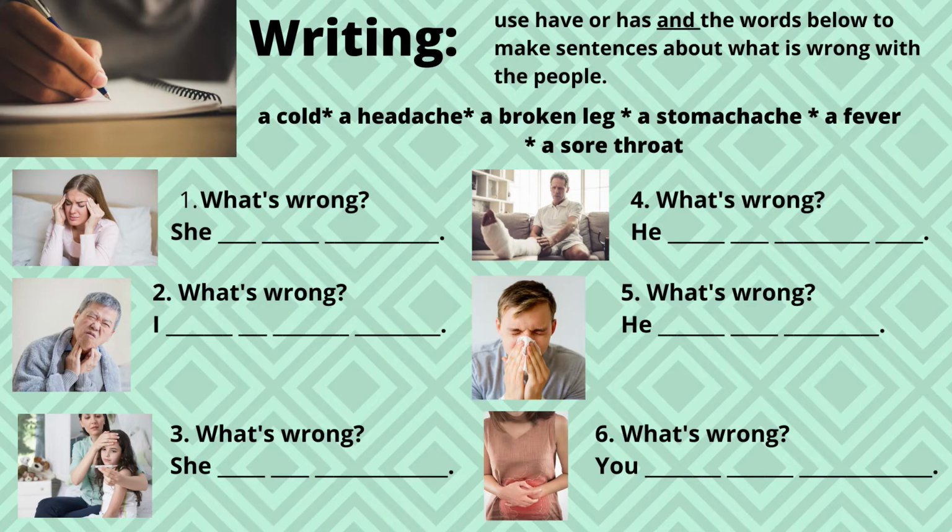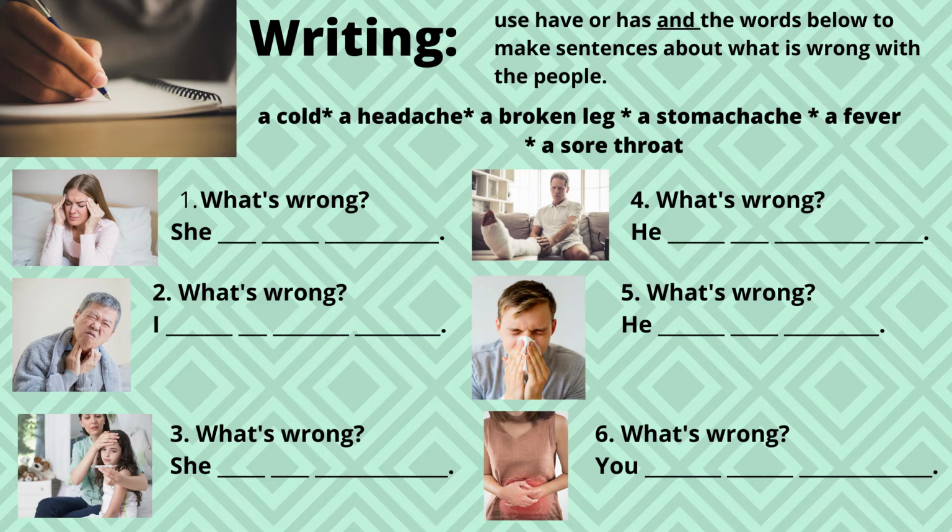We're going to practice writing some sentences right now. On your screen, you see 6 pictures, and you see the question, what's wrong? You're going to use the word have or has and one of the words below to make a sentence about what's wrong.